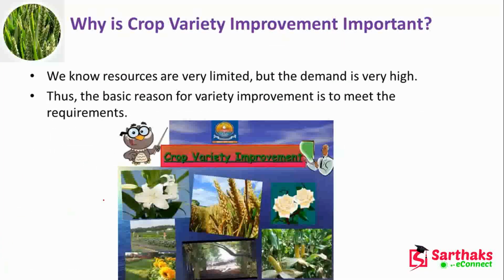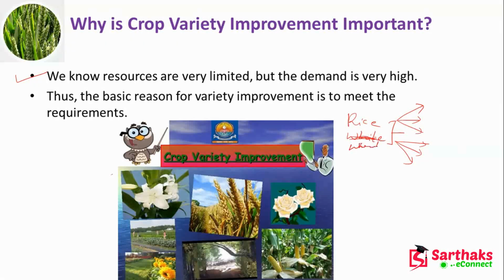Okay, now why is crop variety improvement important? Now we know that the resources are very limited and demand is very high, because the population is going to be very high. And one thing you should always remember: the rice or the wheat, whatever you are saying, these are not the only uses of these crops. We can make several things using the rice crop, and several things using the wheat crop.